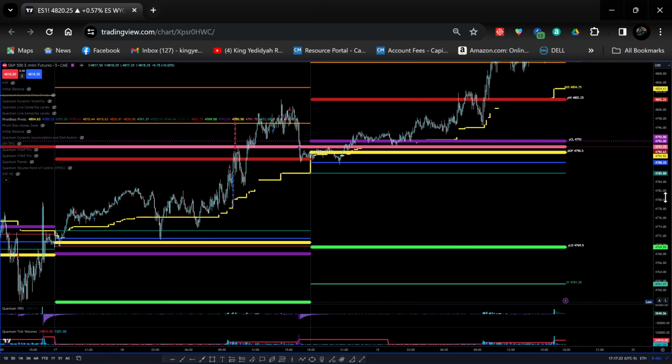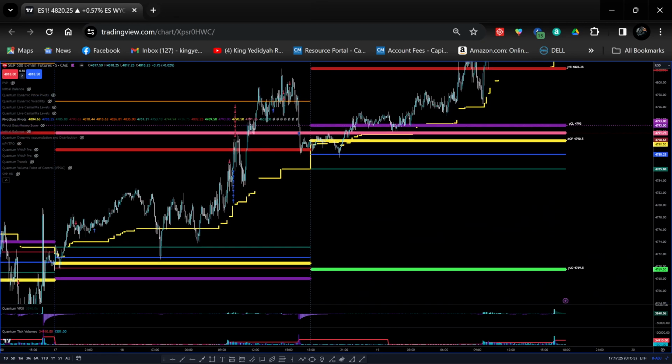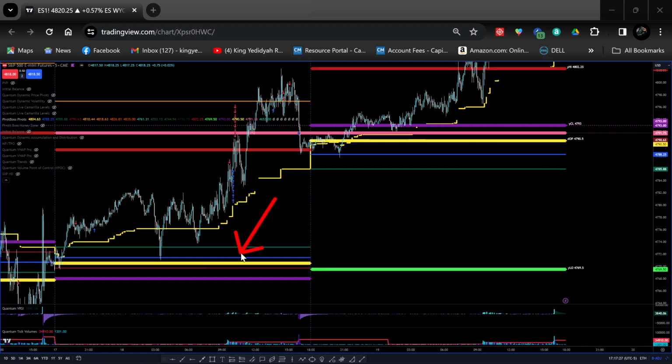We have a higher value relationship with the pivots. Yesterday's central pivot was at 47.71.25. Bottom central is 47.73. Top central is at 47.69.75. So we have a higher value relationship today.